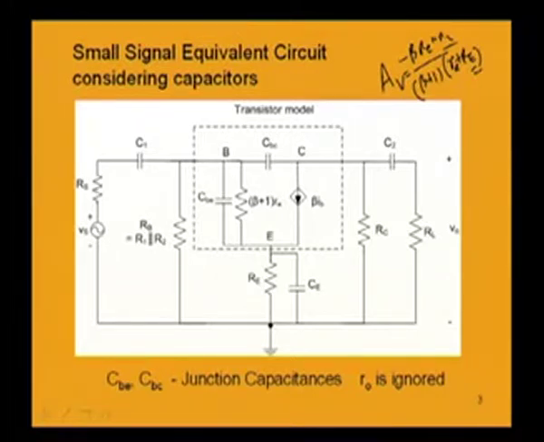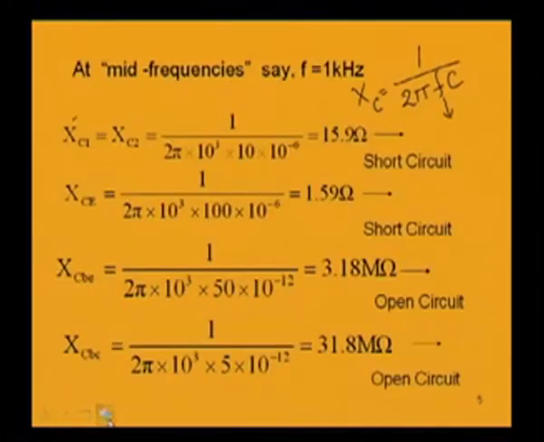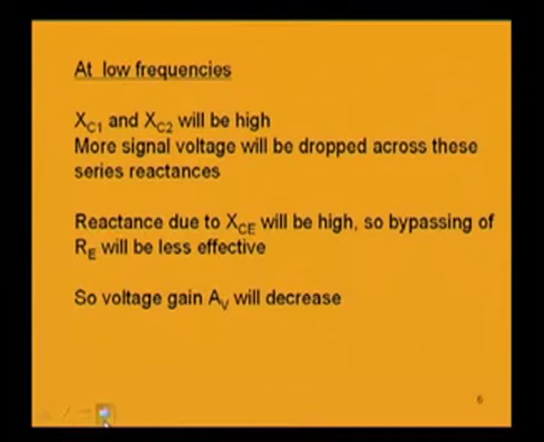If there is a capacitance, there will be a voltage drop here, so the output voltage we will be getting is less now. So we will be having a lesser voltage gain. So voltage gain reduces when the signal frequency is low.